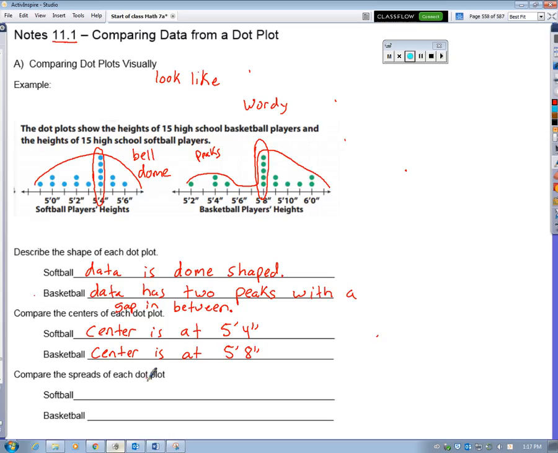Now compare the spreads of each dot plot. So we want to look at how far the data is spread apart for each one. Looking at the softball, these data points are obviously closer together, so we can say that softball data spread is closer together.